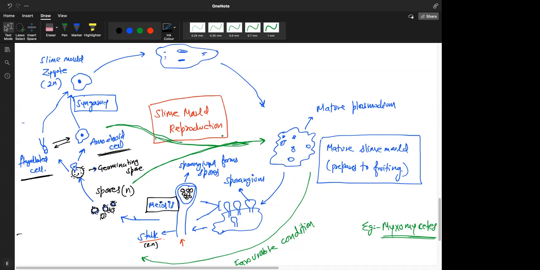Fungi are multicellular and can have loose tissue organization. Actually, if you go into the biology of both slime molds and fungi, it's not very different. Both are saprophytic, both feed on dead and decaying matter, and both are heterotrophic. But the point is that slime molds can operate through spores.